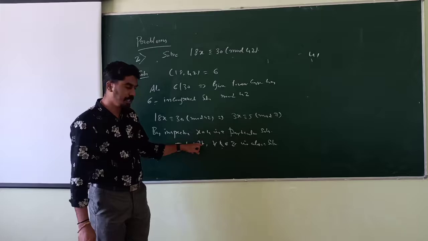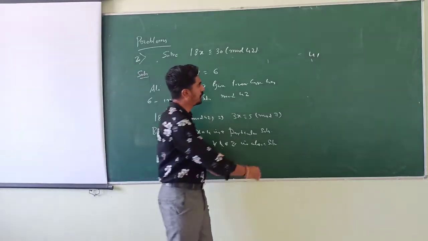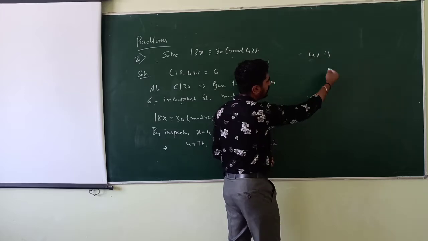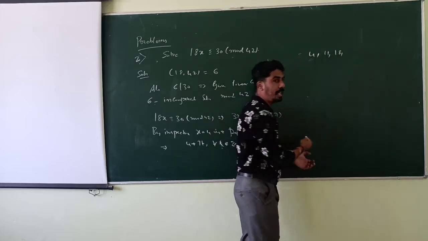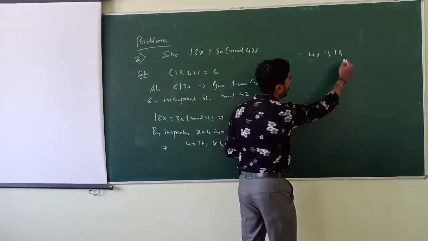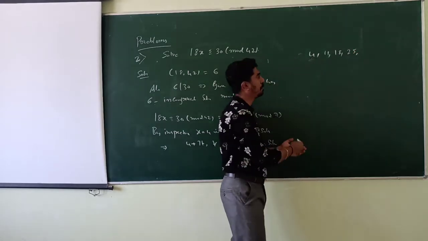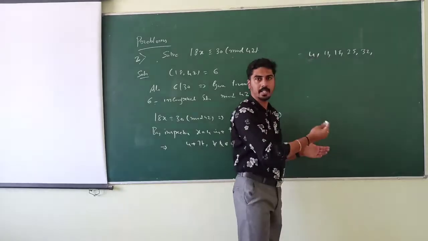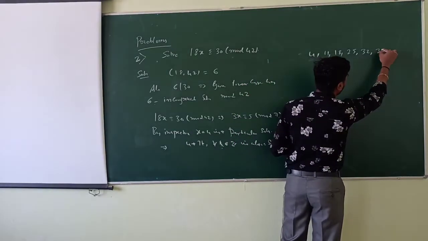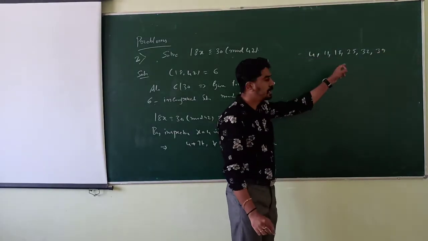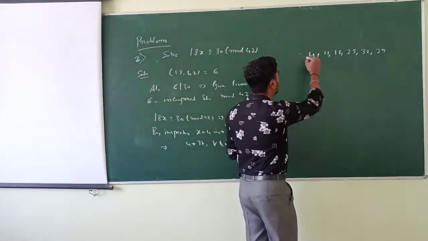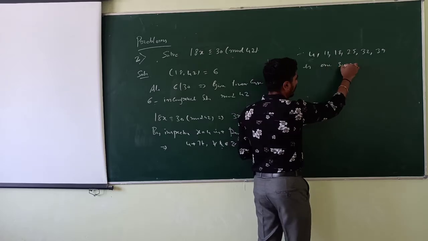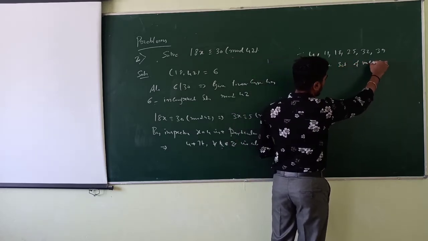When I put t equal to 0, I get 4. 4 plus 7 is 11. 11 plus 7 is 18. 18 plus 7 is 25. 25 plus 7 is 32. 32 plus 7 is 39. So we have got 6 incongruent solutions, which is one set of incongruent solutions.